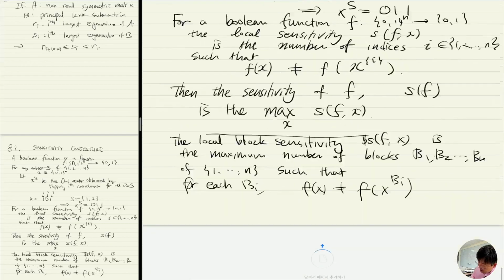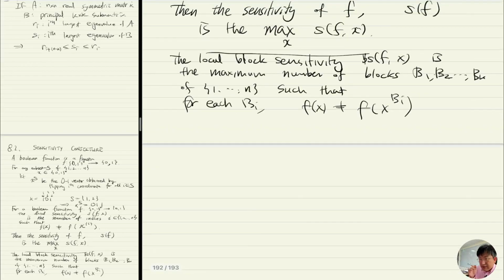So you want to group the indices together so that whenever you flip a block, you're changing the output.